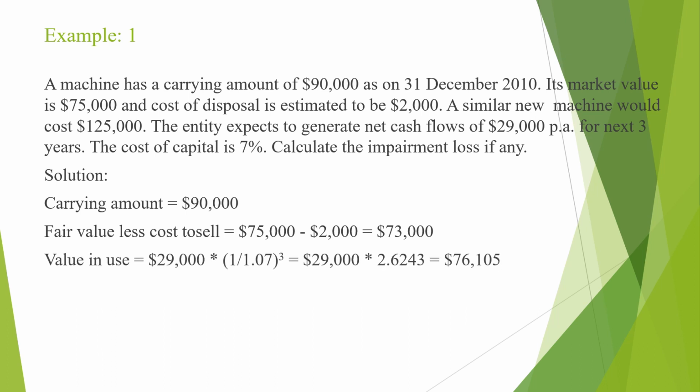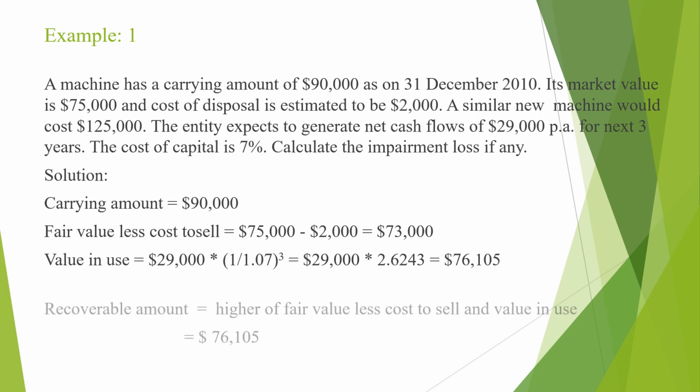Value in use is calculated from the net cash flows of 29,000 per annum for 3 years. You can use the annuity factor from the table, or you can calculate the present value and multiply it with the factor. Using 7% as the discounting factor, the value in use comes to $76,105.